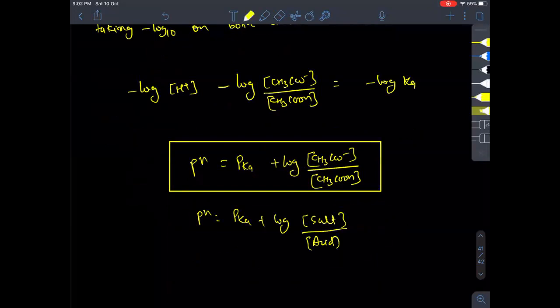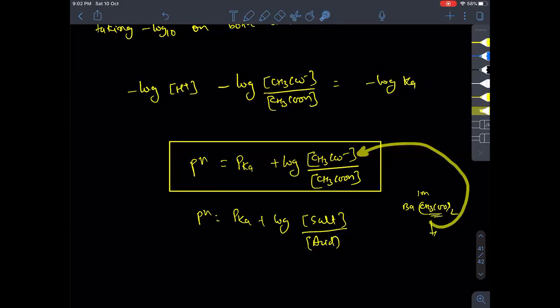Like, for example, I took barium acetate, whole twice. Suppose 1 molar concentration of this, how much conjugate base will it give? If you apply the above formula, after breaking this into barium 2 plus and acetate ion, basically you will get 2 moles of this.